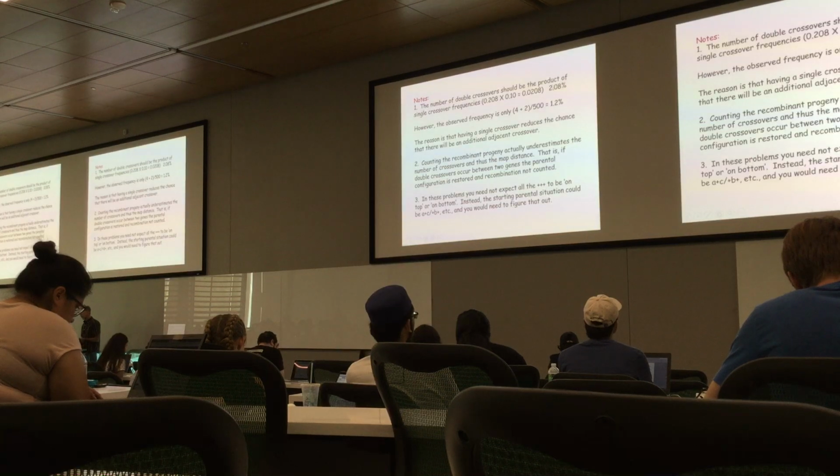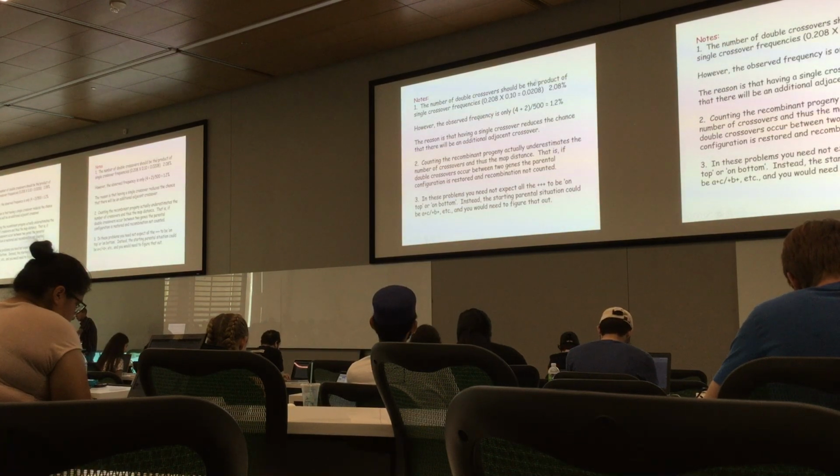In fact, the numbers that they've given us in the problem show double crossovers at about 1.2%. And whether or not these data are real, this does reflect what really happens. The number of double crossovers is usually less than what would be predicted by multiplying single crossover frequency times single crossover frequency.